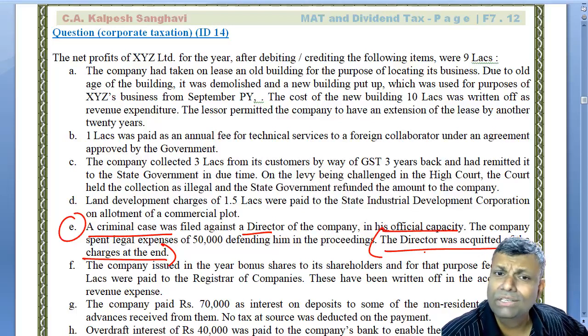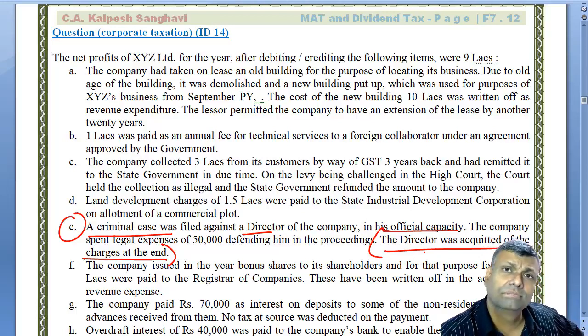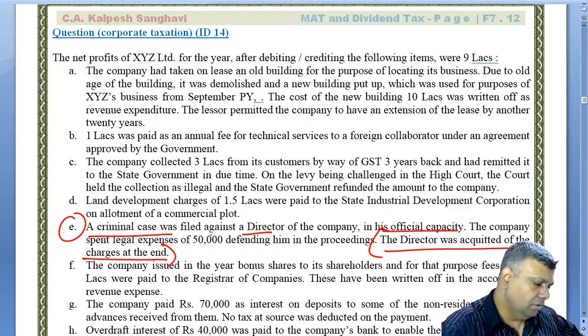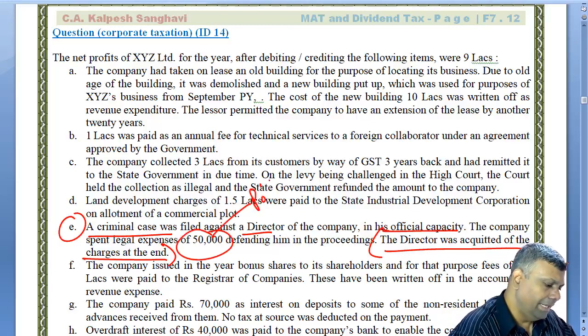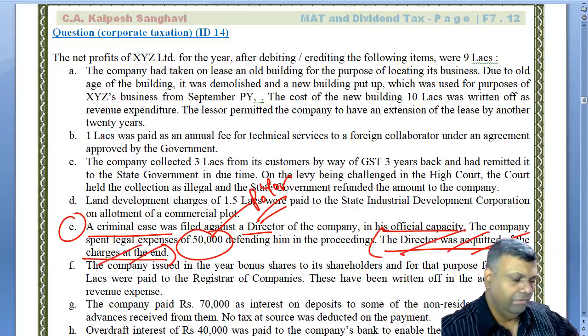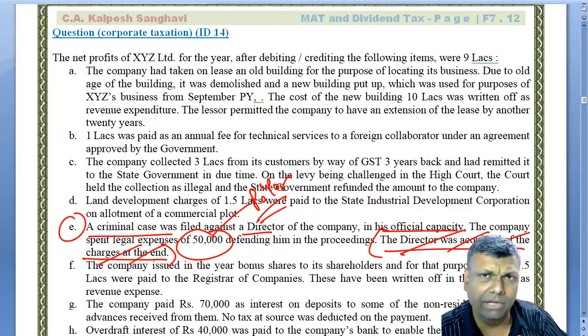It goes on for years and years. You might have spent this money in the previous year, and the acquittal at the end, you will never know in real life. It is printed in the question, so I will read it.